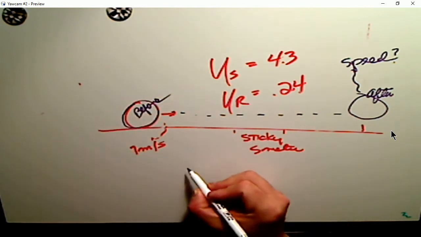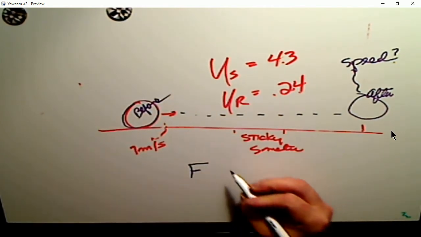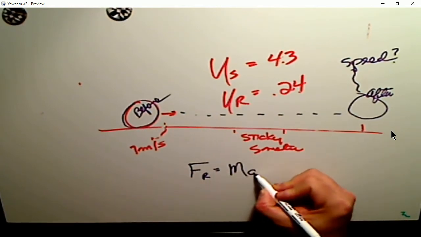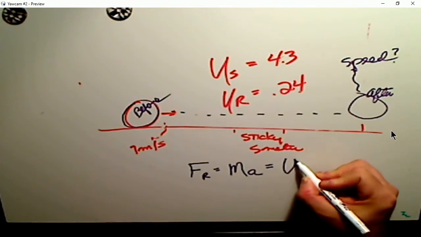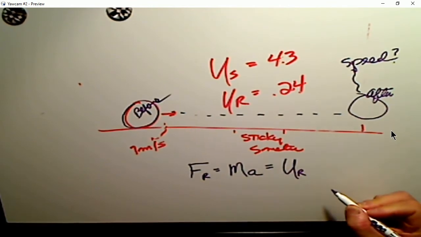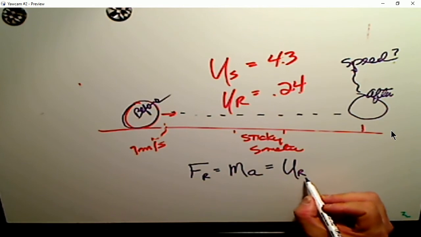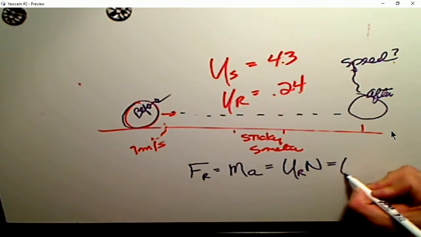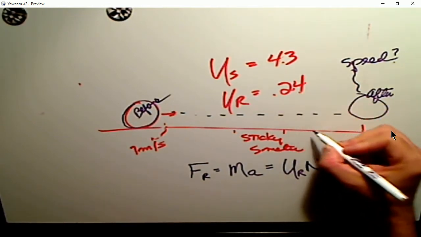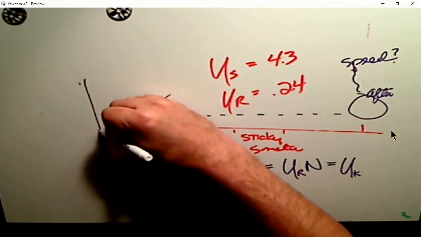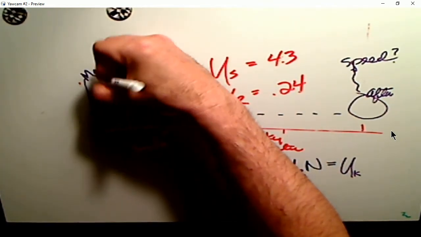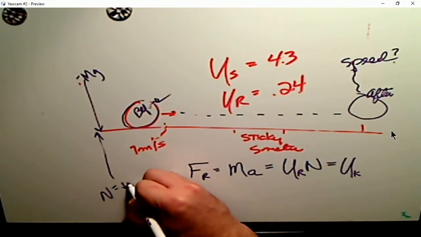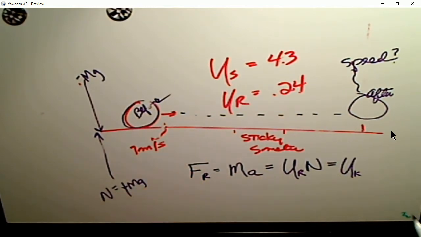But we do know that the force of rolling friction, MA, is the coefficient of rolling friction times the normal, which in this case is going against gravity. Gravity is coming down at mg, so the normal going up is positive mg.